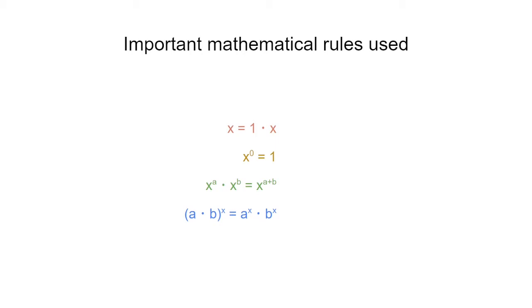So that is the distribution of exponents here. And our fifth rule is that a number raised to the power a raised to the power b is equal to the number raised to the power a times b.